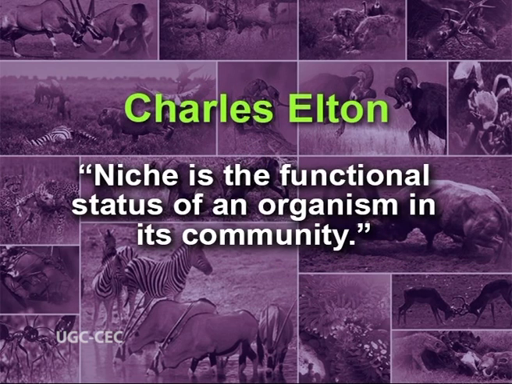According to Charles Elton, niche is the functional status of an organism in its community. The ecological niche of an organism concerns not only the space where it lives, but also what it does, that is, how it transforms energy, responds to and modifies its physical and biotic environment, and how it is constrained by other species.